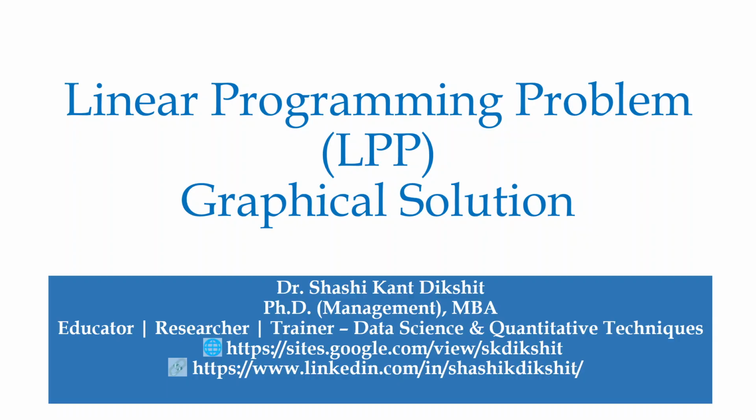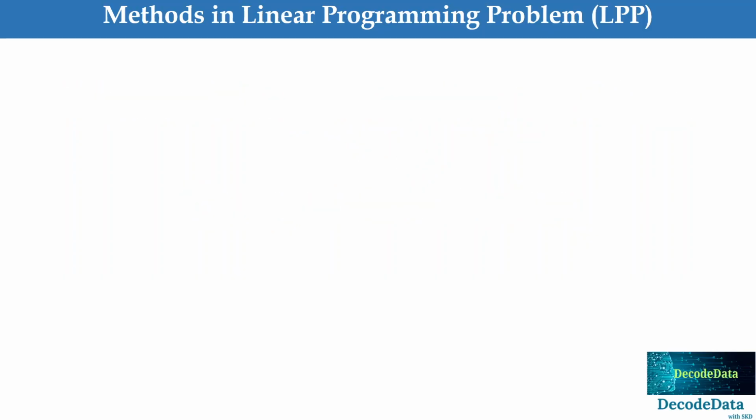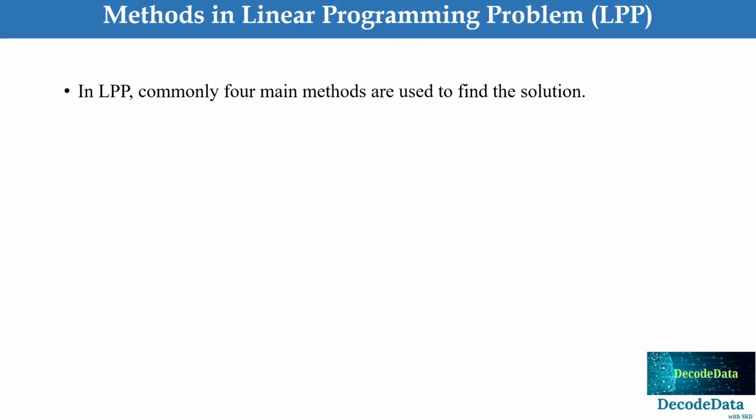optimal solution is identified. Before starting with the graphical solution, let me detail the different types of methods available to solve linear programming and when we use these methods. So normally we have four common methods that we use to solve the linear programming problem. The first method is called the graphical method.